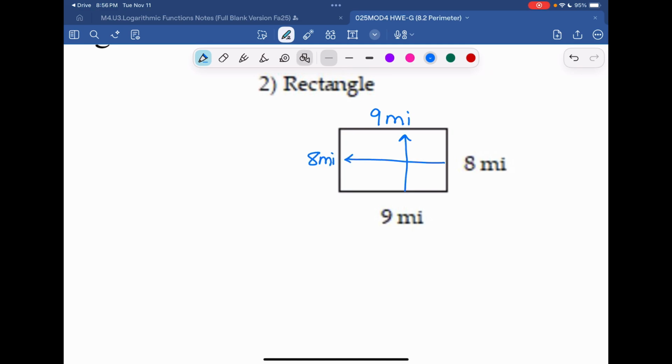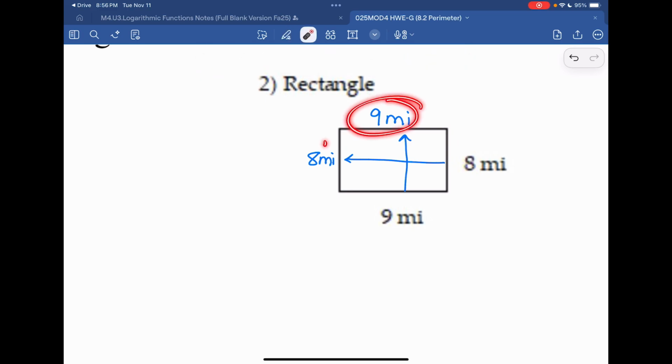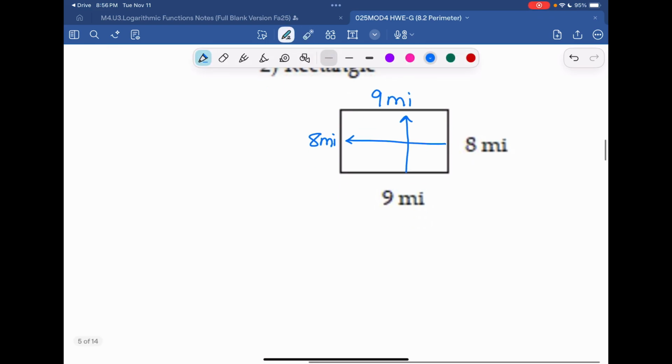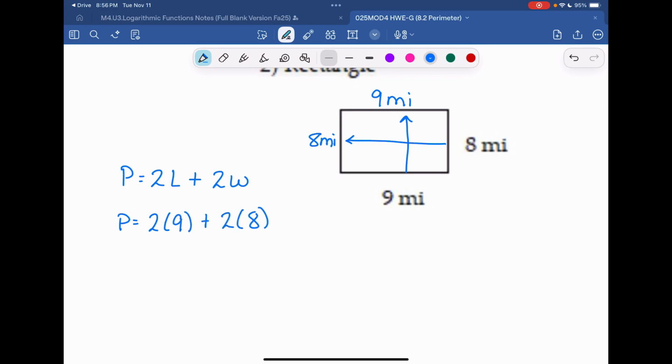Again, I could simply go through and just add this, this, this, and this together and be done. Or we can use our formula for the perimeter of a rectangle, which says perimeter is 2 times the length plus 2 times the width. So that would tell me that I have 2 times 9 plus 2 times 8.